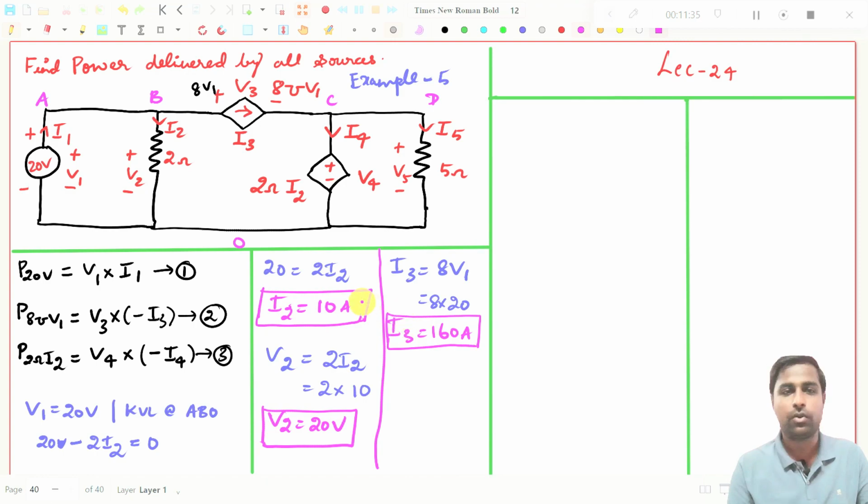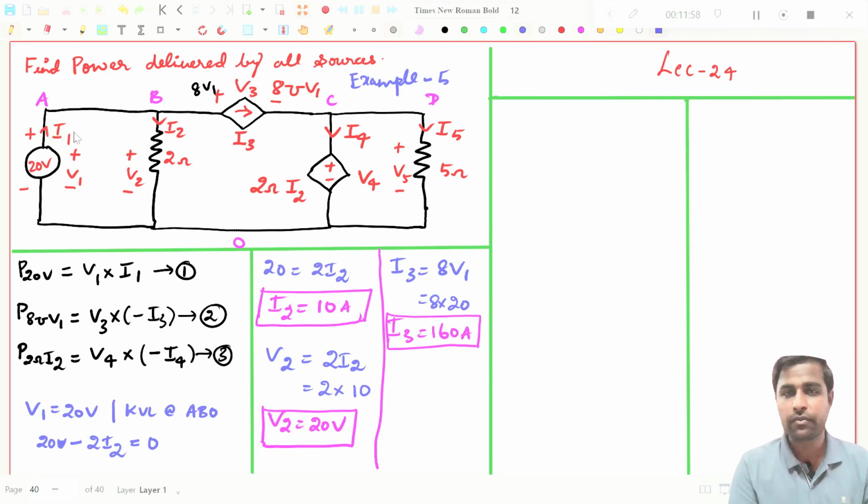That we know. So you see, now we know what is I2 and what is I3, right? So it is very simple now to find I1, because we have not found I1.